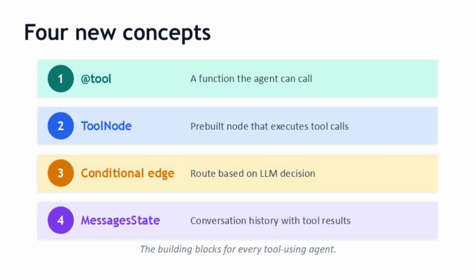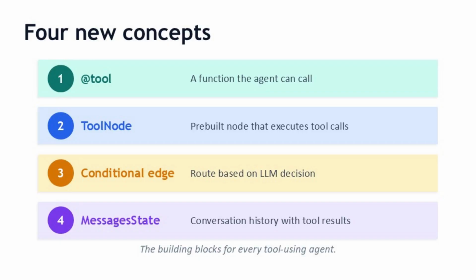This tutorial introduces 4 new concepts. First, tools. A tool is just a Python function decorated with @tool that the agent can call. Second, ToolNode. This is a pre-built graph node that executes tool calls. Third, conditional edges.